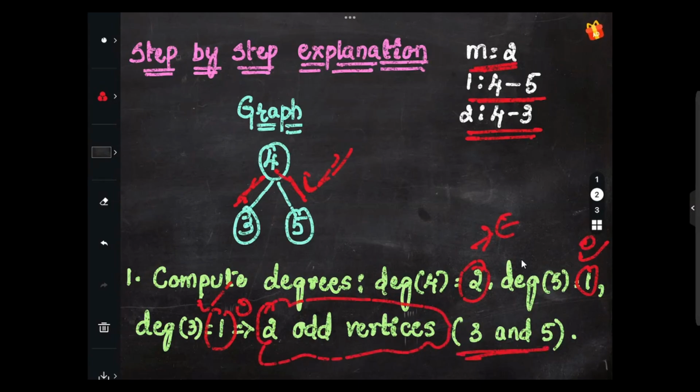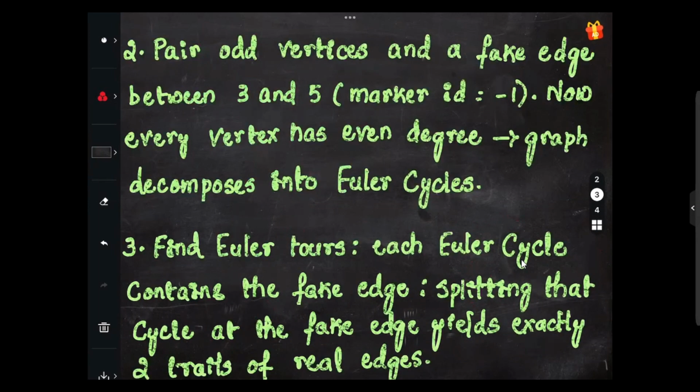If you remember the Euler path or circuit algorithm, if you have exactly two odd vertices, then it is said to be an Euler path, right? So now we will pair the odd vertices, which are 3 and 5, each having odd degree 1.